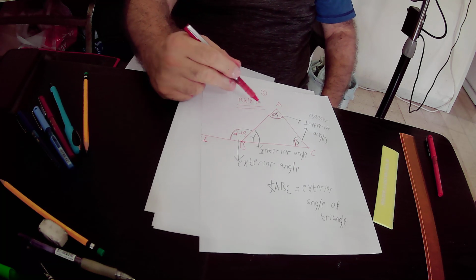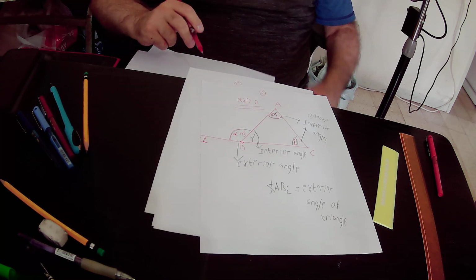The exterior angle ABL equals alpha plus beta.